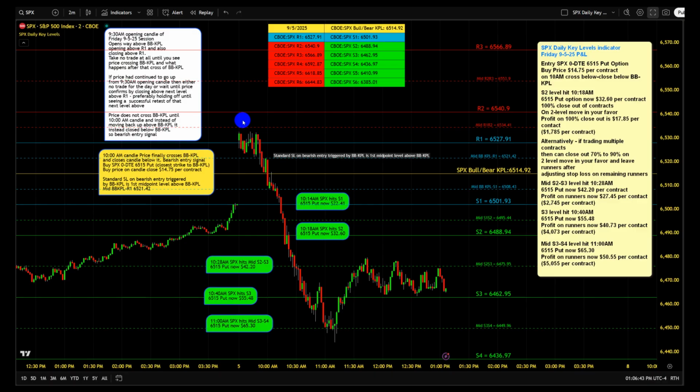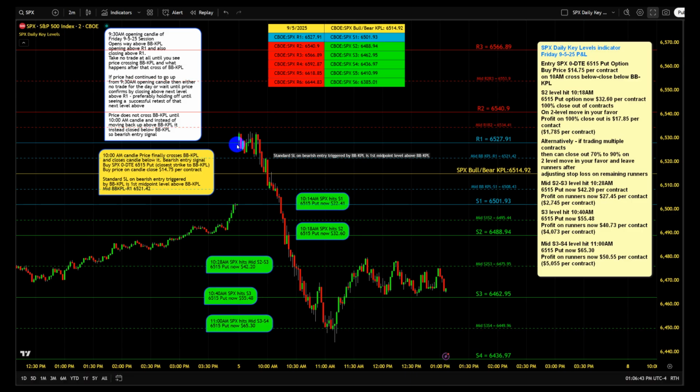Then you want to see confirmation of the continuing move by seeing a successful retest above that first level above as well. So you would want to see price move above to the next level above, successfully retest that level, and continue the move above before entering a bullish play on a gap and go.